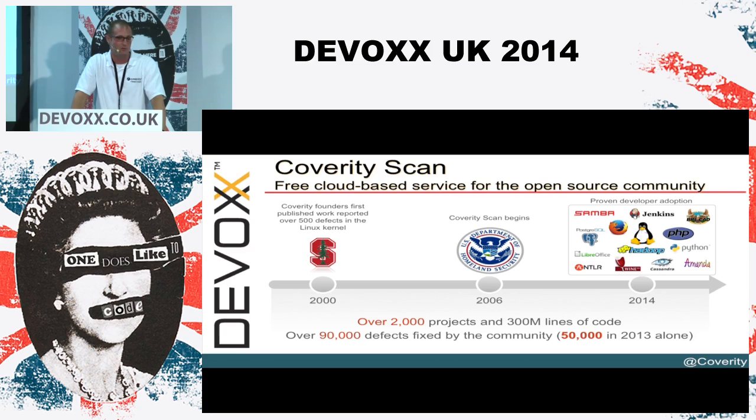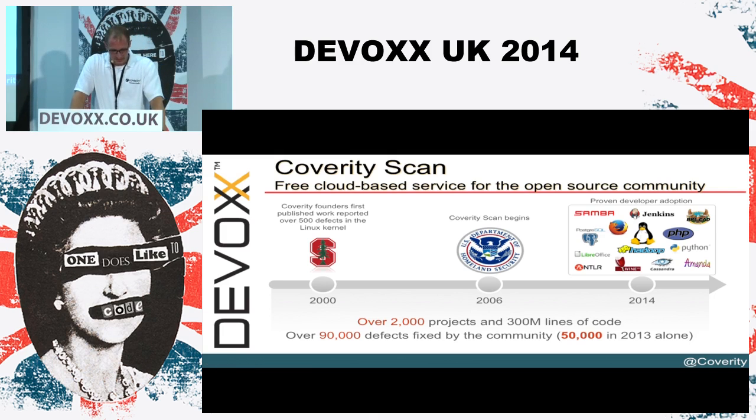This is both sort of a bit of goodwill. It actually helps us improve our free and commercial product. The more code we look at, the more we learn what people are doing, how code is actually written, what are the common design patterns and idioms. Helps us tune out false positives, helps us get better. And plus, let's be honest, it's also a great marketing tool for us.